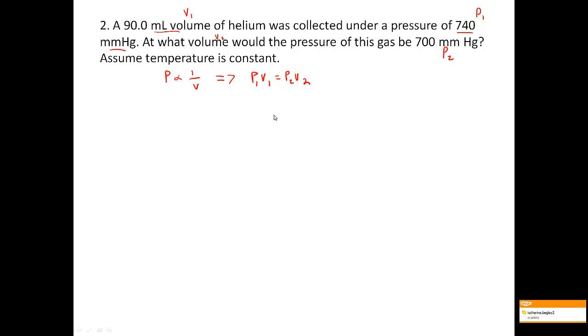Now let's go ahead and solve it. We are looking for V2. So just rewrite this: V2 equals P1 times V1 over P2. P1 being 740 millimeters of mercury, V1 being 90 milliliters.